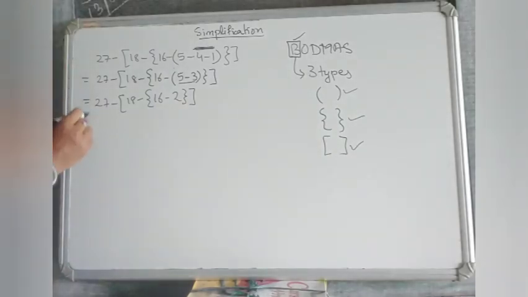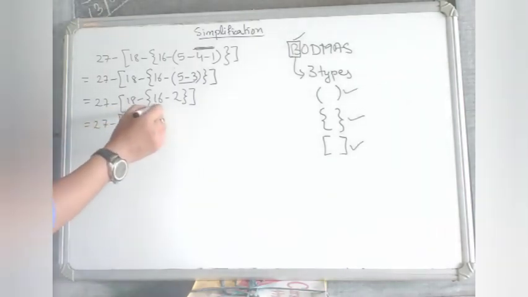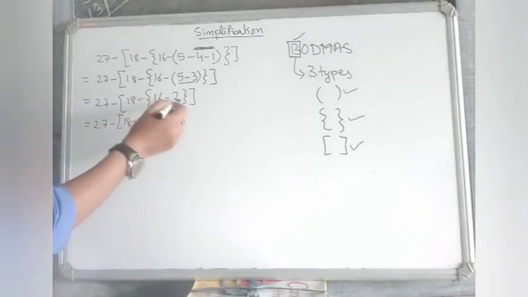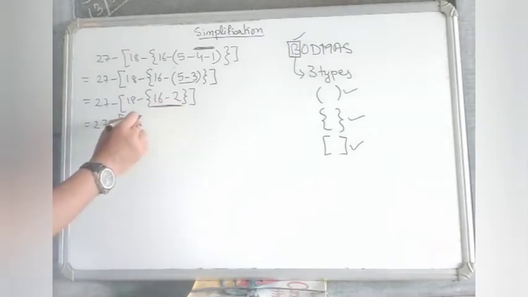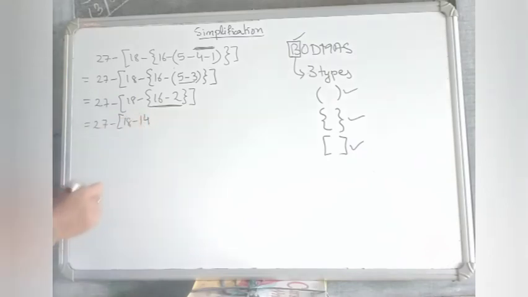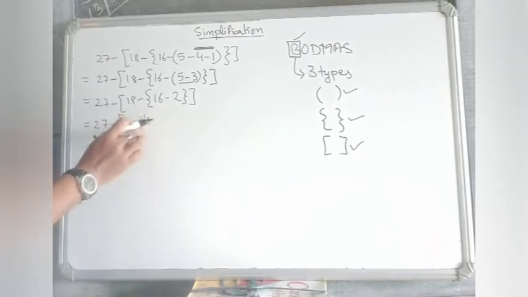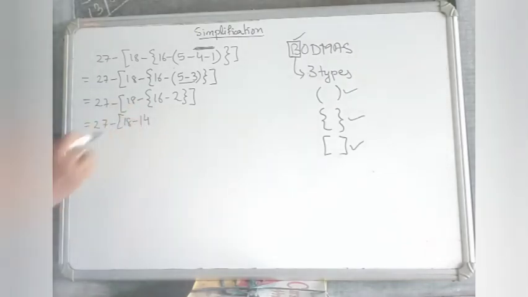Then now we have to go for the second bracket, which is this. 16 minus 2 is 14. Now the second bracket also will go off, because only a single digit remains in that.